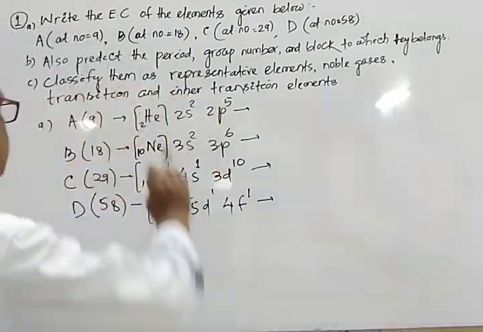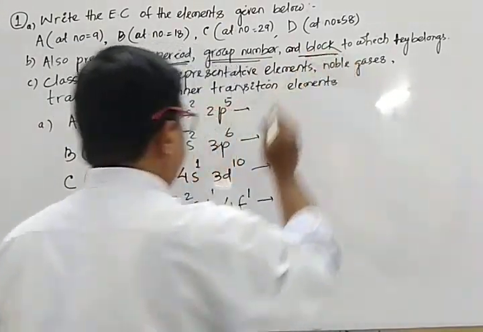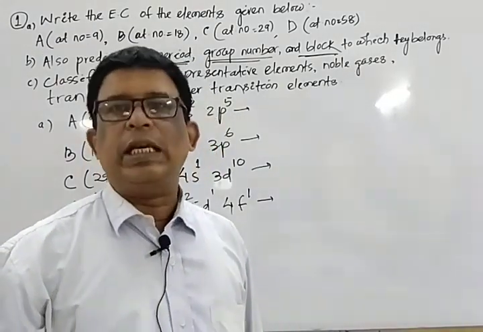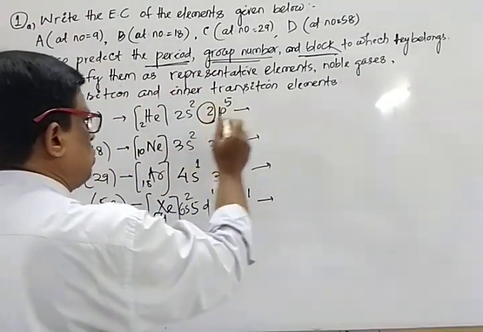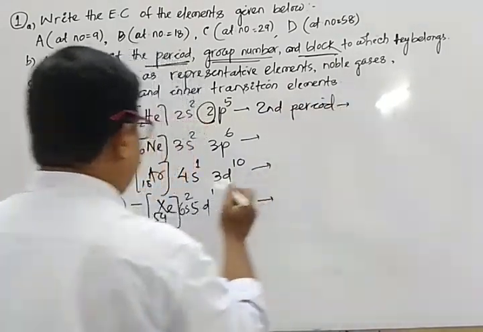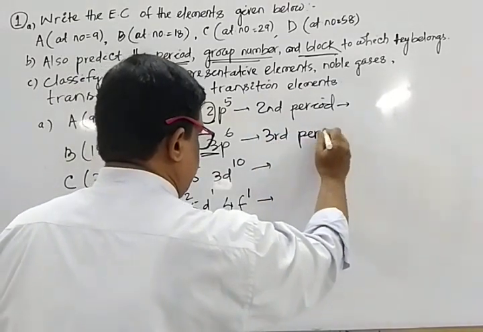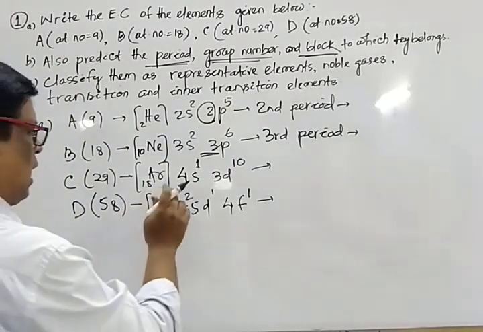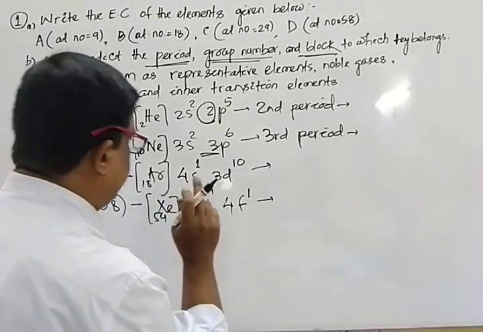Next, the second thing is to predict the period, group number and block. The period, whether it is first, second or third period, is decided from the principal quantum number. The principal quantum number is 2, so it is second period. Mark that. Principal quantum number 3, it is third period. Next, the last electron enters 4s1 and 3d10.